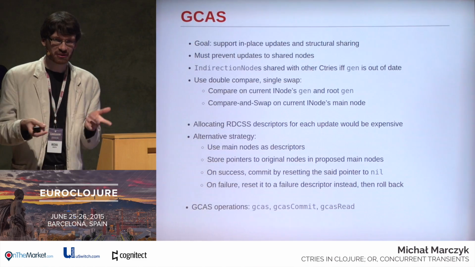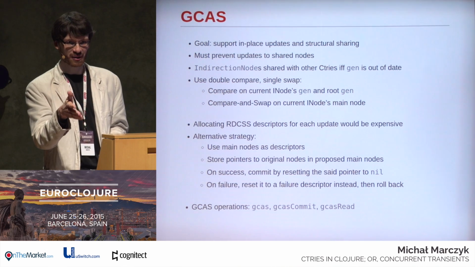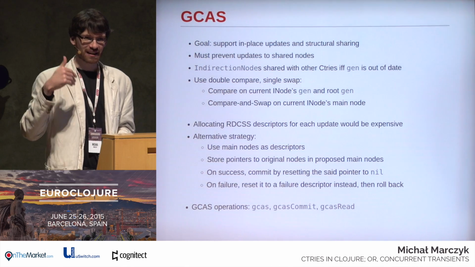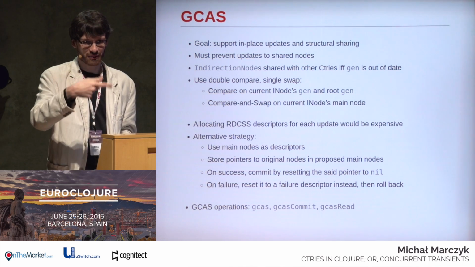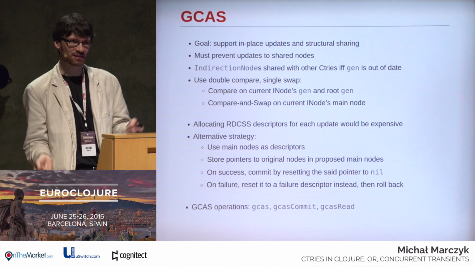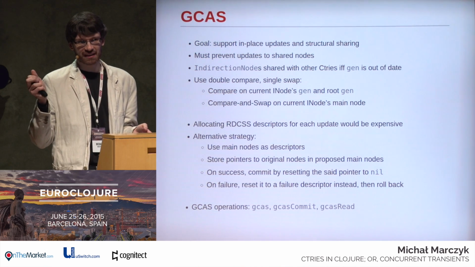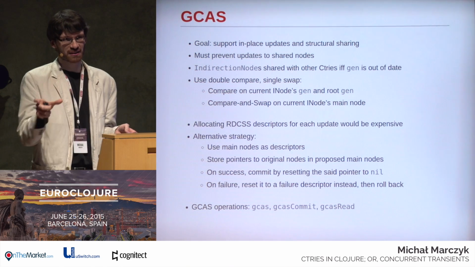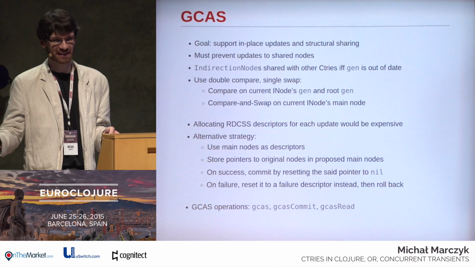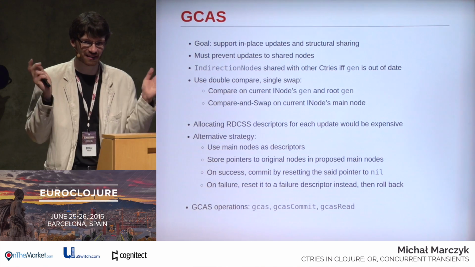So with GCAS, we don't create a descriptor. Instead, we just swap in the proposed value optimistically, but it itself then serves as the descriptor for the operation, because it has a pointer to the previous value of that field, which is only changed once. It's reset to nil when the operation successfully completes. And if it doesn't complete, then the old value is swapped back in, and we're done.